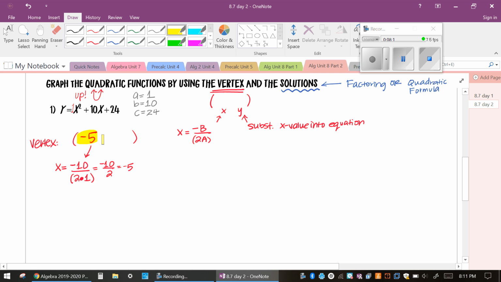I'm going to go ahead and substitute that into my equation to find the y value. So here's my equation. Y equals x squared plus 10x plus 24. Substitute your value of x into every x value, keeping your exponent outside of the parentheses. So now go ahead and substitute your 5.